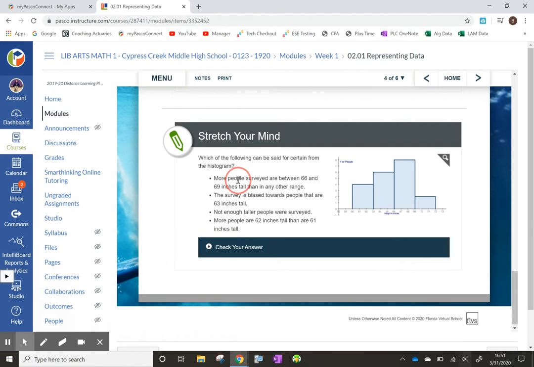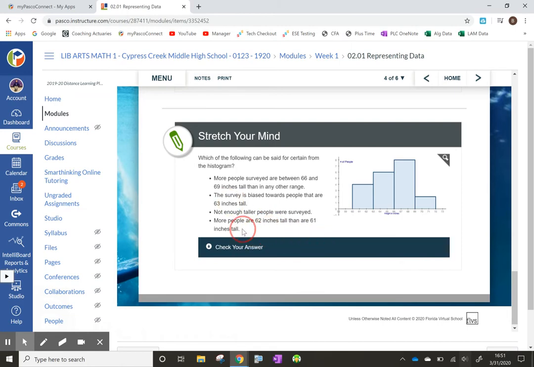We just pick some random people, record their heights, and see the results we got. It obviously would be unfair if we went to a basketball academy and recorded the heights of the people there because they'd all be very, very tall. It would also be unfair if we went to a middle school and recorded the heights of everybody because everybody would be really, really short, right? So obviously there could be bias depending on your location, but if you're just going on the street and picking some random people, your survey is going to be varied, right? Not enough taller people were surveyed.